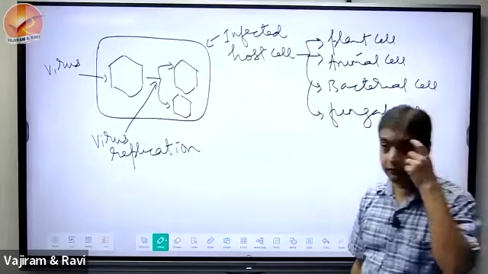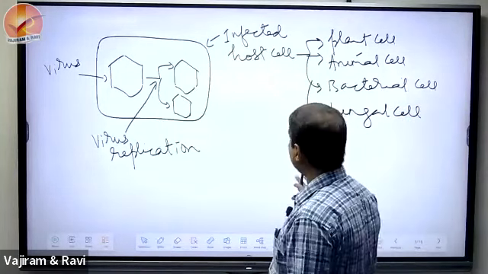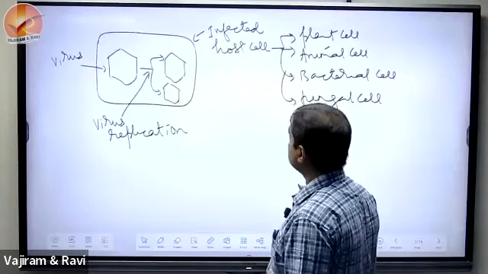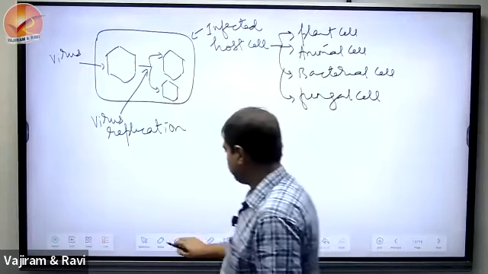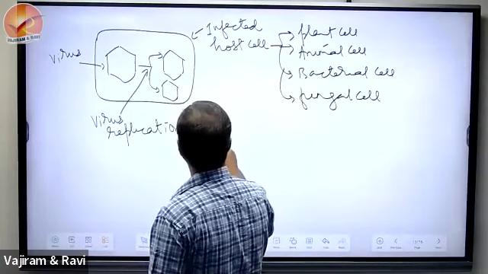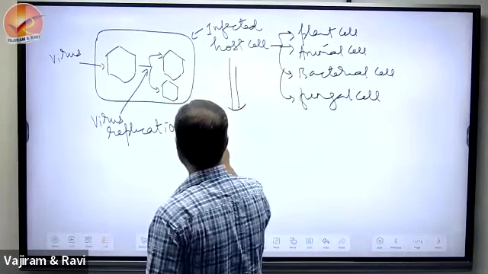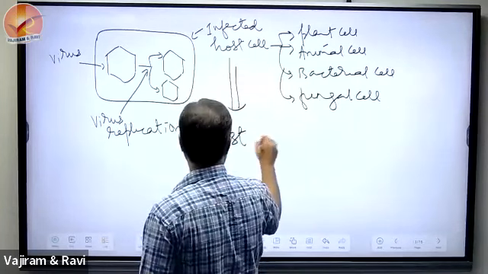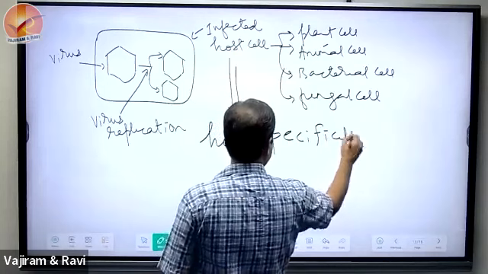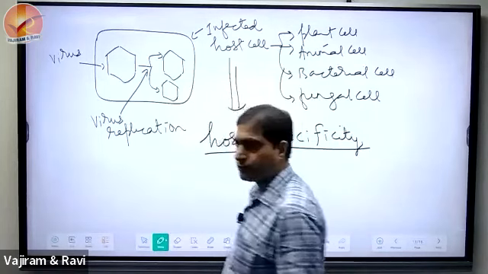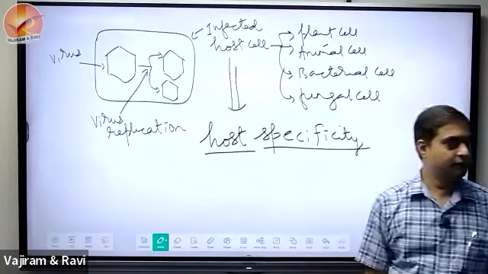But what you have to remember further is that the host cell supporting the virus replication follows a property of host specificity. Follows a property called what? Host specificity.